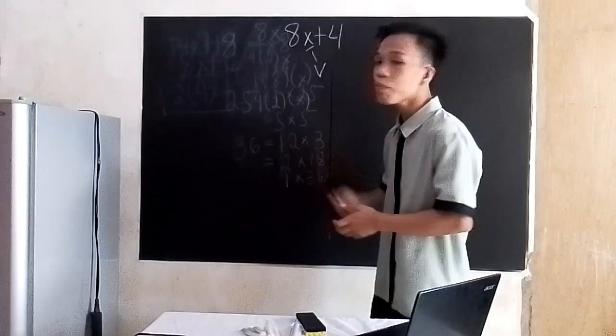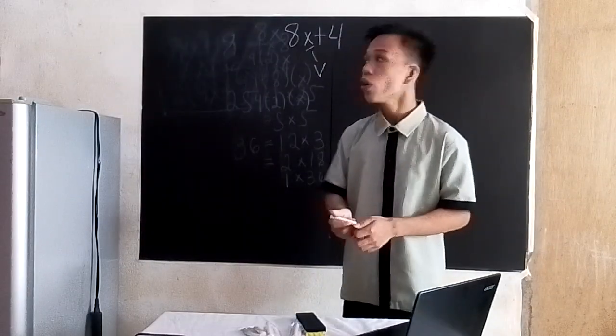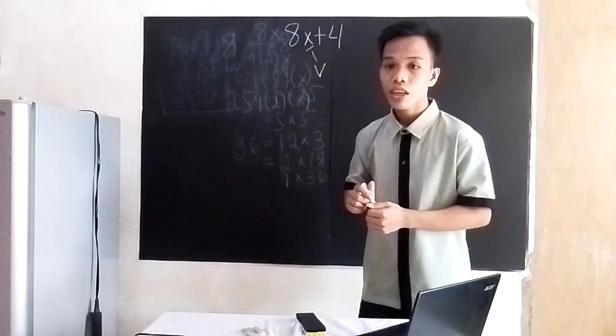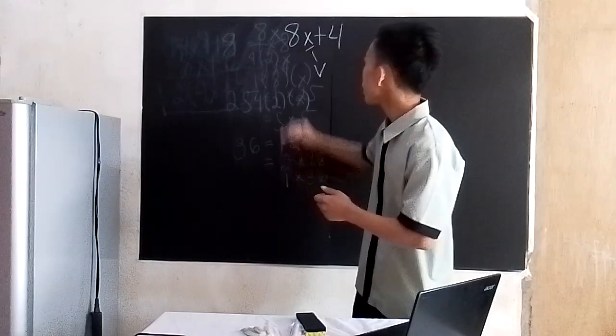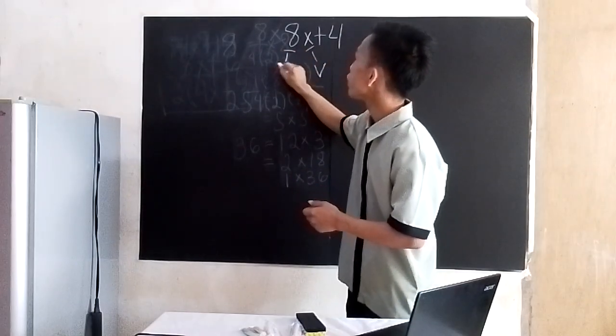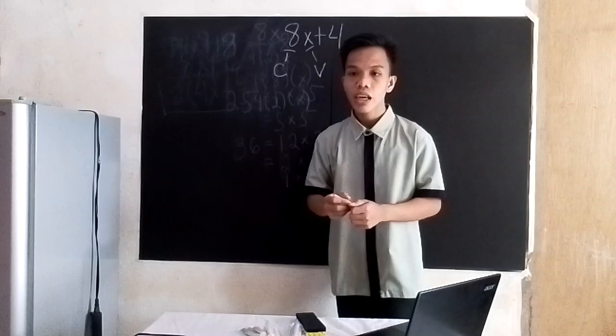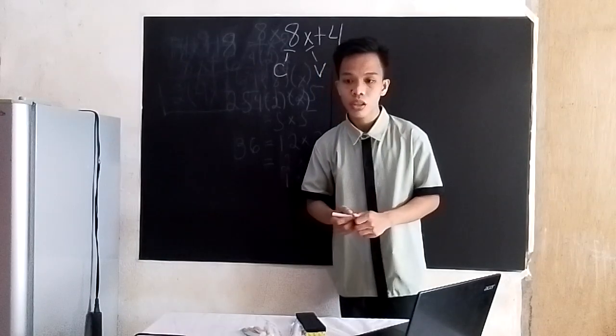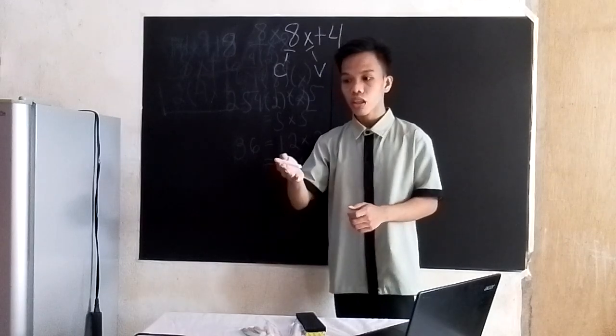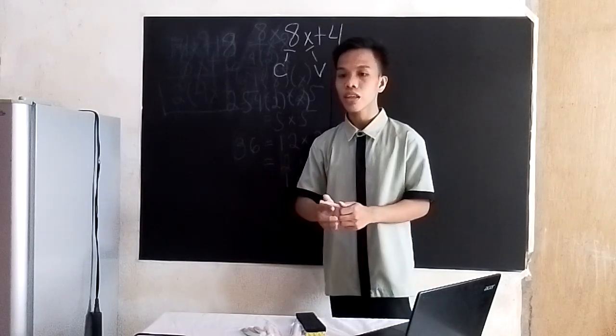And the number before the letter is what we call, any idea? That's right. That is the coefficient. And a number without a letter is what we call, yes, Daniel?